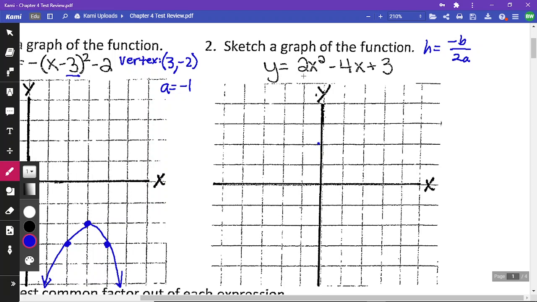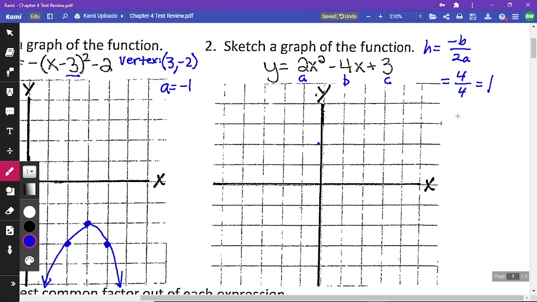Of course, a is the number that's times x squared, b is the number times x, c is the constant term. So plug everything in. Negative b is actually positive 4, right? Because b is negative 4. So negative b is positive 4 over 2a. 2a is 4. So that's 1.